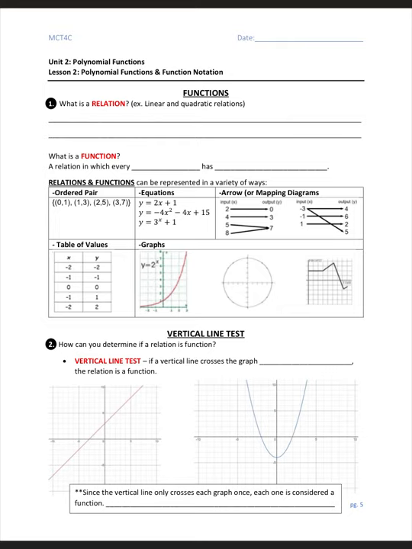So first of all, let's talk about a relation, because a relation is part of a function. So what is a relation? Example, linear and quadratic relations we looked at in the last note.